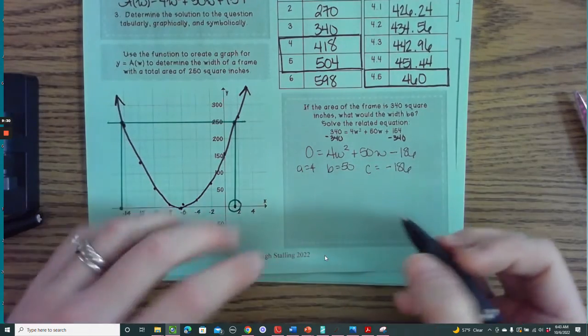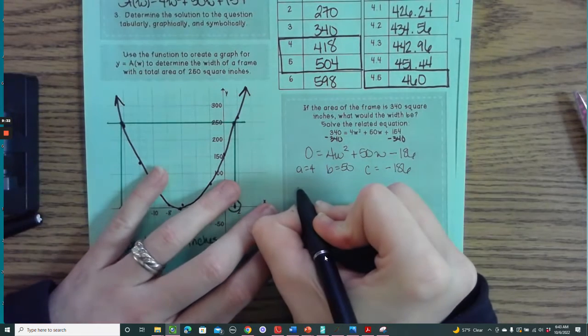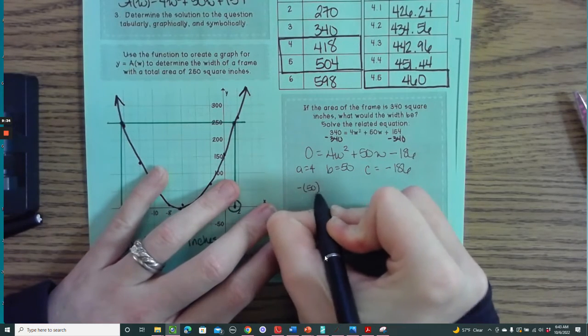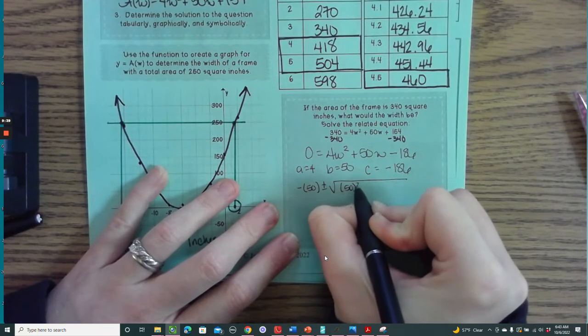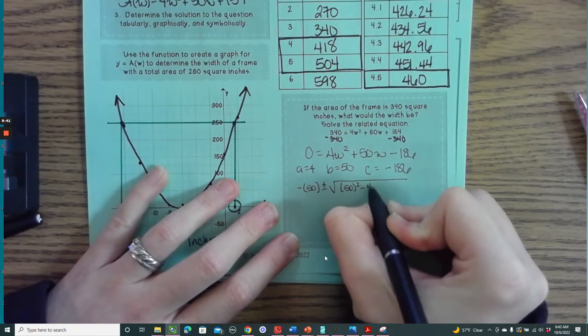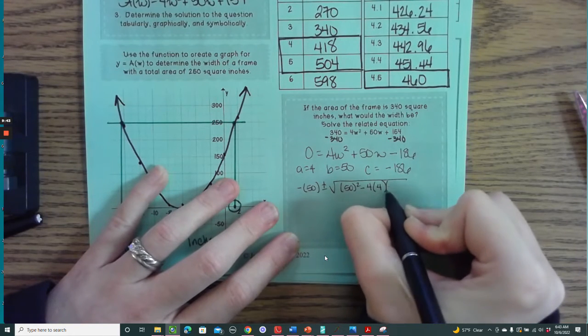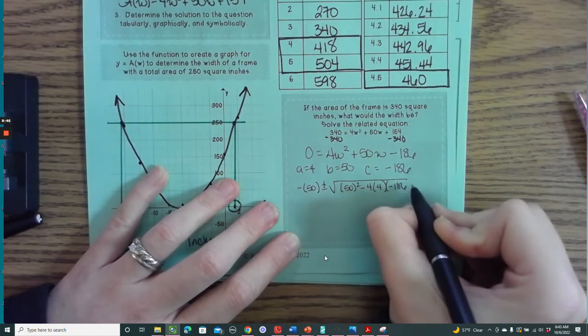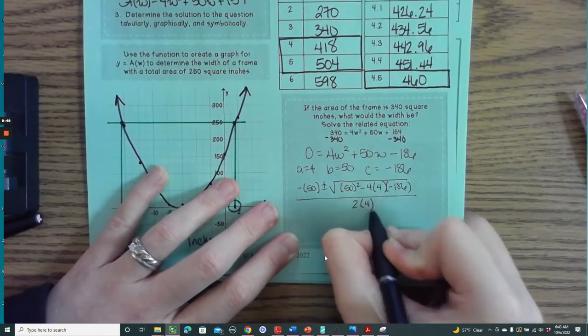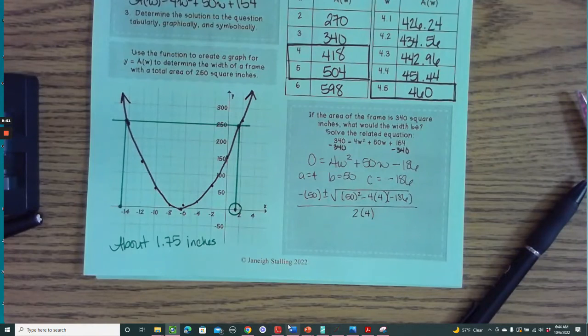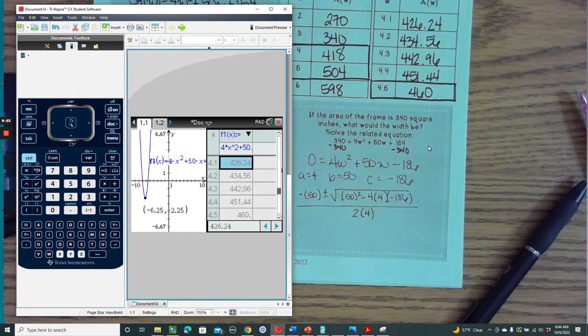I can plug this into the quadratic formula. So negative B plus or minus the square root of B squared minus 4 times A times C, divided by 2A. There are 2 ways to solve quadratics. Some people like to do the square root and knock that out first.